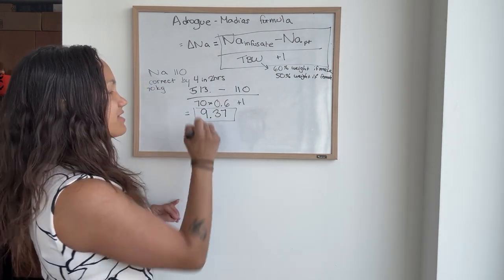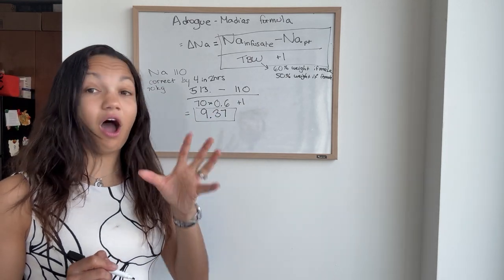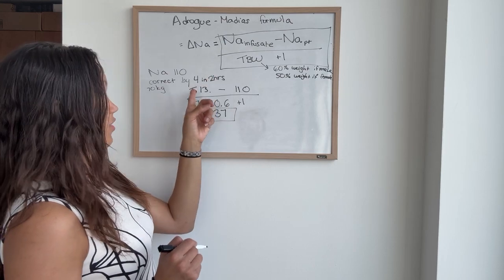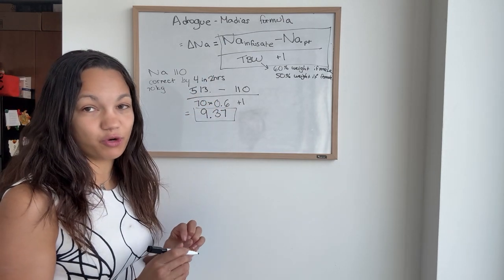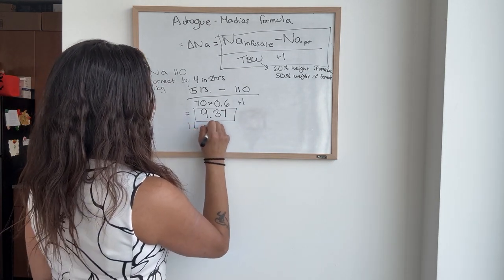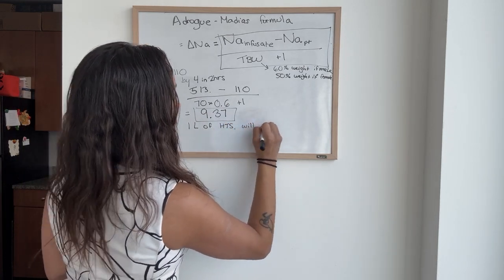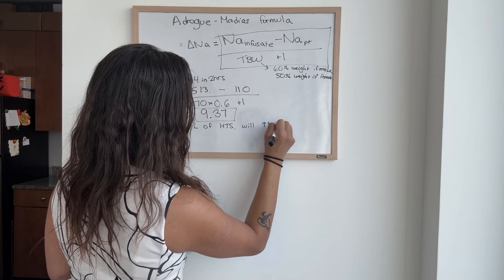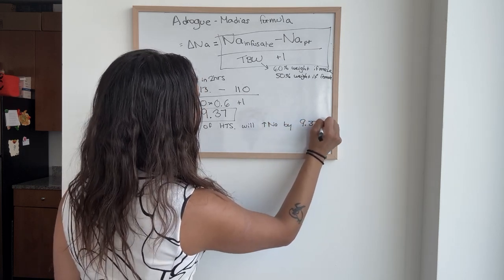What this number means is that if you give 1 liter of your fluid that you decided, so here we said hypertonic saline, that is how much your sodium is going to change. So 1 liter of hypertonic saline will increase my sodium by 9.37 milliequivalents.